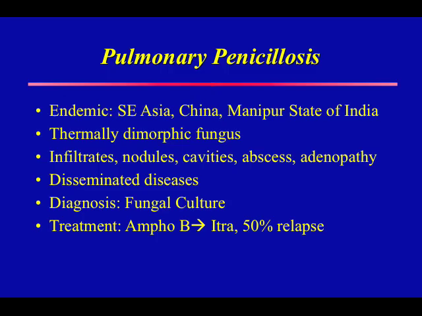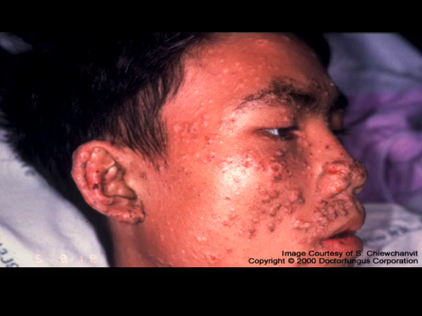Pulmonary penicilliosis, that's something which is very distinct for HIV patients. They love to ask this question on the boards. They usually show you a patient of Asian origin with skin lesions that look just like cutaneous cryptococcal infection.